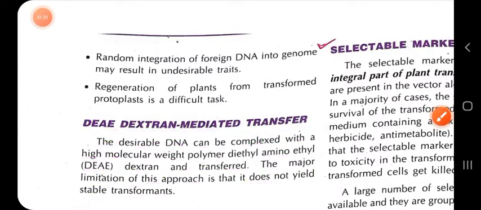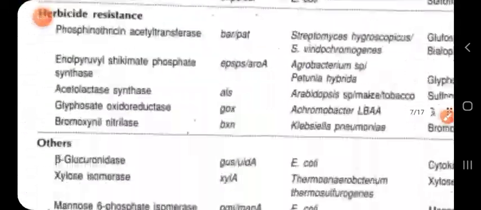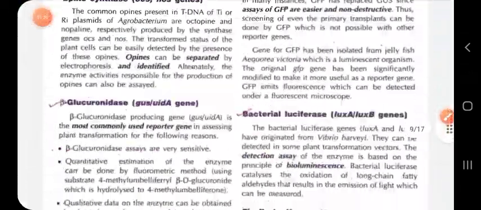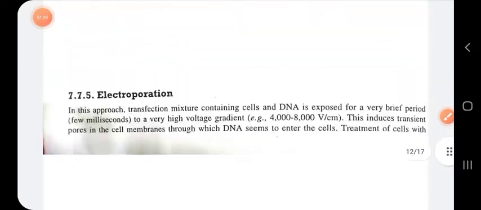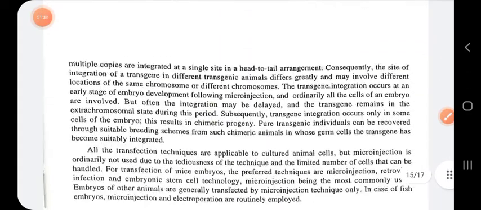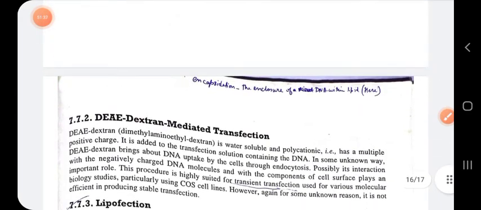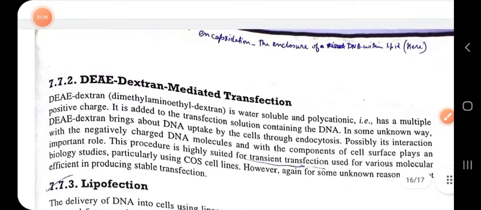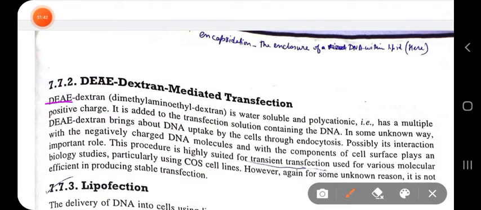Let us see more about DEAE. Diethyl aminoethyl dextran is water soluble and polycationic. Poly means many, cationic means it has multiple positive charges.